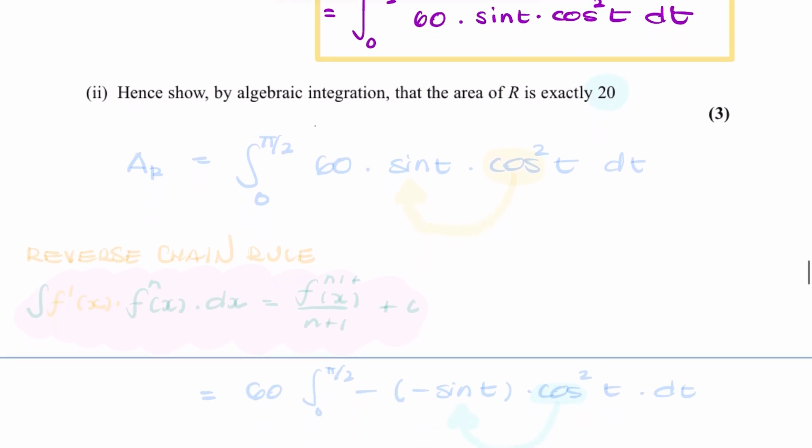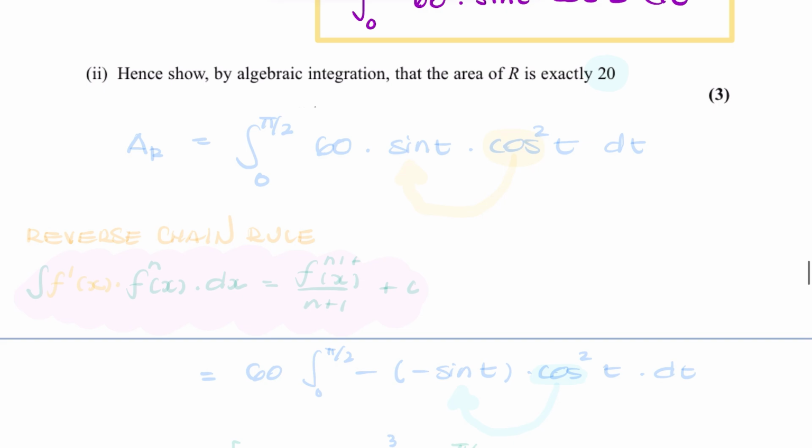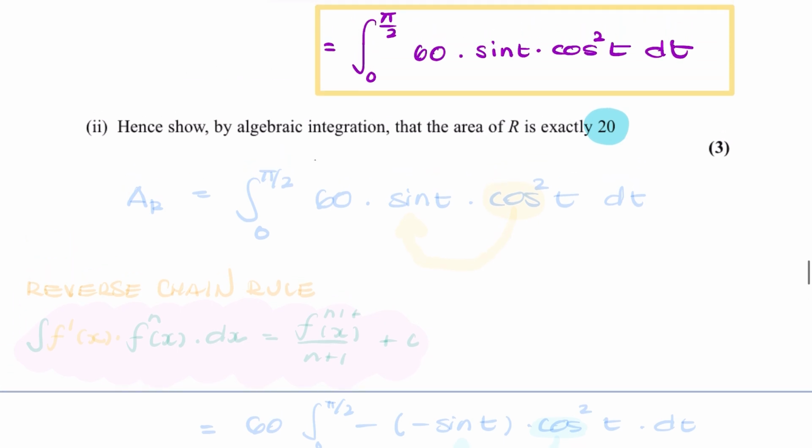The question goes on to say, use algebraic integration to show that the area is exactly 20. So let's look at the area again. The area was the integration from 0 to pi over 2, 60 sine t times cosine squared t dt.